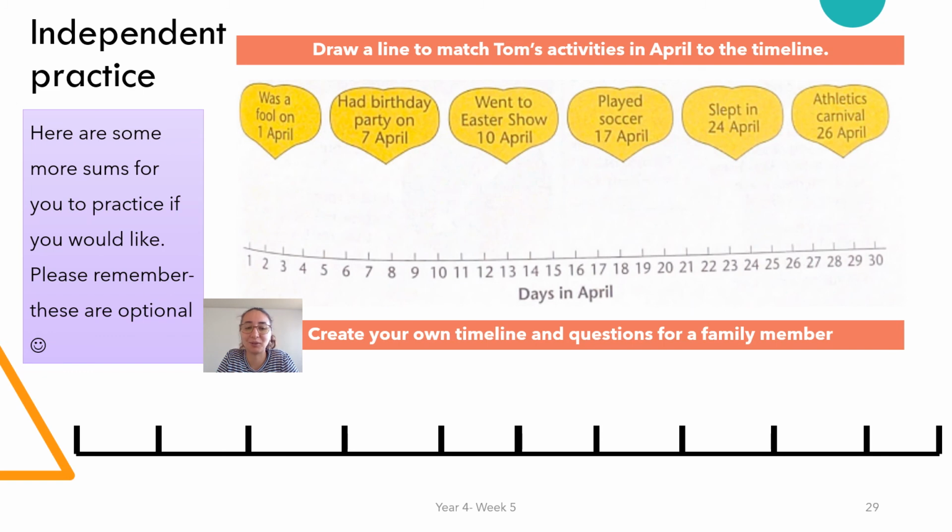So this one is a little bit of fun. So you can use paper, a ruler, create your intervals, and create a timeline that could be about your day. It could be a timeline of your life. It could be whatever timeline you'd like. And then you can create some questions for a family member or for yourself.